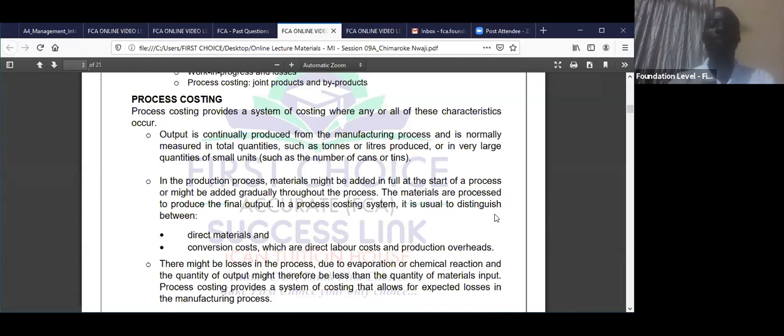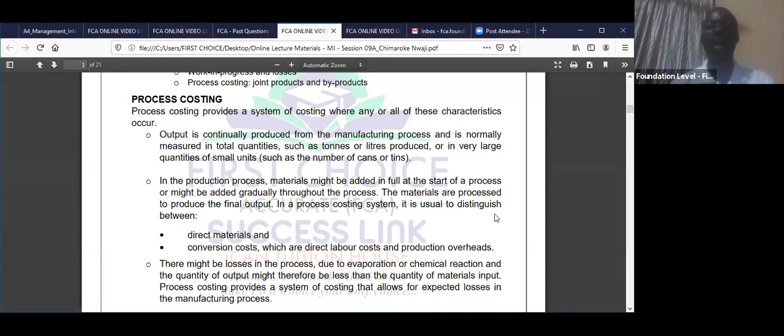In the production process, materials might be added in full at the start of a process, or you might be adding material gradually throughout the process. The materials are processed to produce the final output. Now, in a process costing system, it is usual to distinguish between direct material and what we call conversion costs.